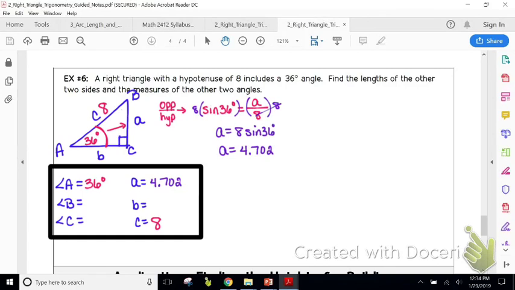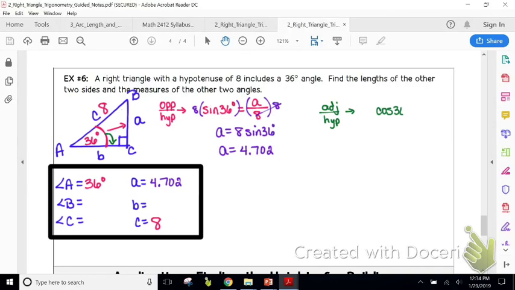So I don't use something I personally found unless I have no other option. But for side b, I do have an option because the hypotenuse was given to me. Side b is what in terms of opposite, adjacent, and hypotenuse? Adjacent. So I can use adjacent and hypotenuse, which is what trig function?